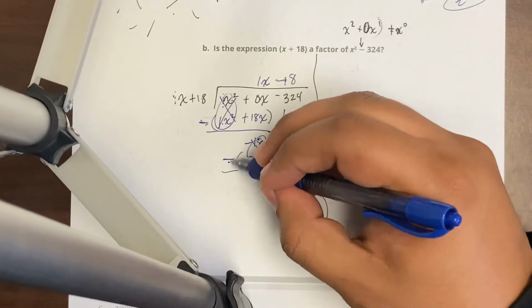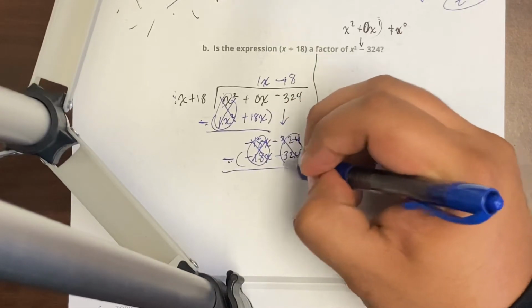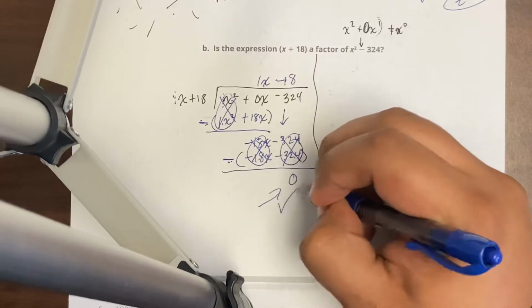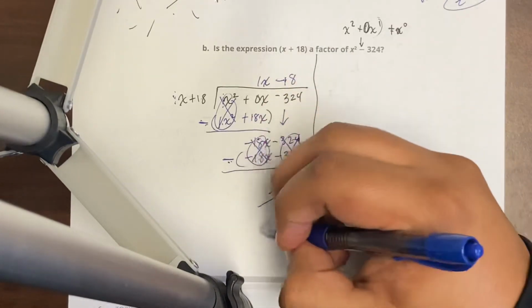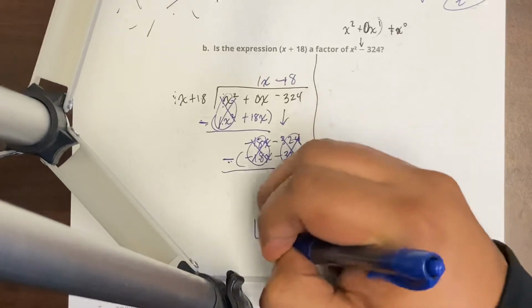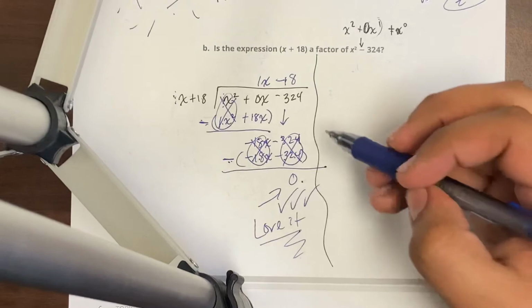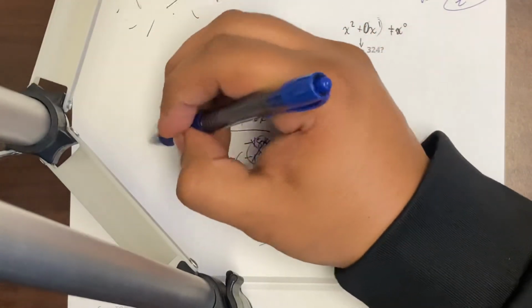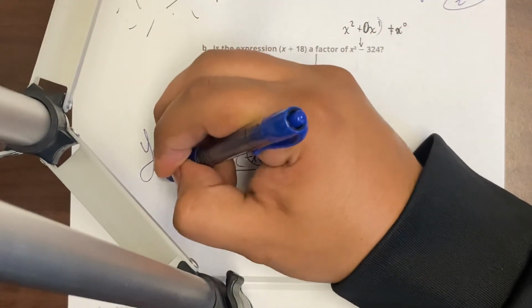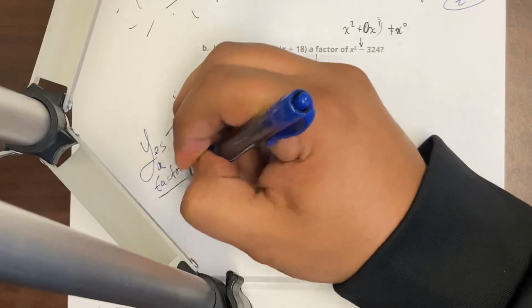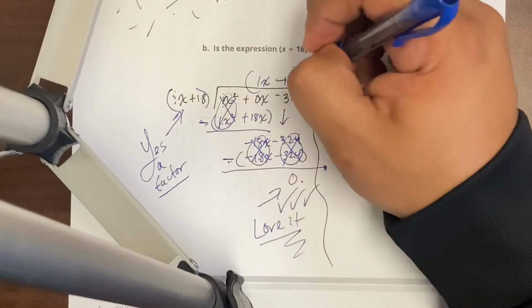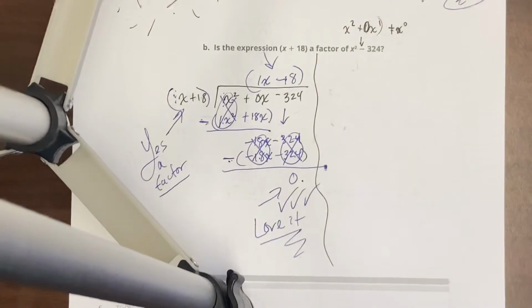Negative 324 minus negative 324 gives me 0. This is money maker right there. Love it. Because this is a 0, that means there's no remainder. So this is, yes, a factor.